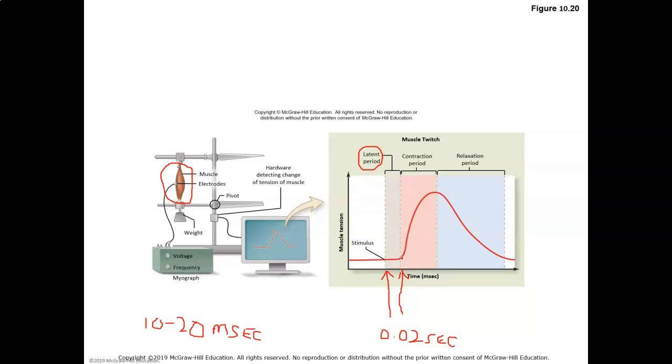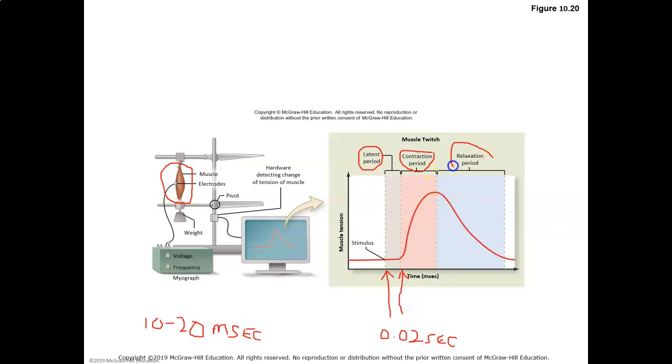And then, whammo, you get force generation, okay? Force generation, contraction period. All of a sudden, myosin is pulling on actin. You get your classic muscle contraction, right? And then it all ends. If there's no more stimulation continuing to stimulate the sarcolemma and release all that calcium, just as we talked about, and in this particular experiment, if we are not continuously producing voltage to contract that muscle, it relaxes, right?